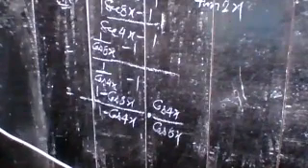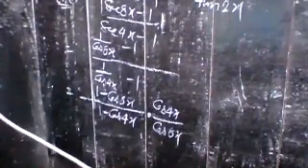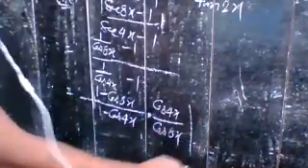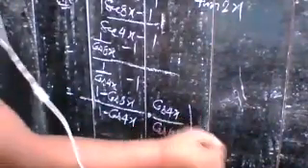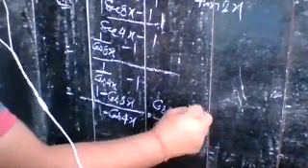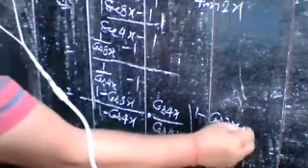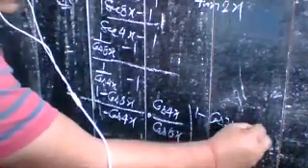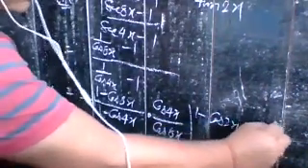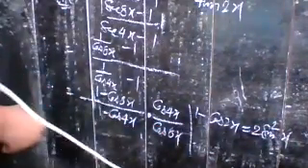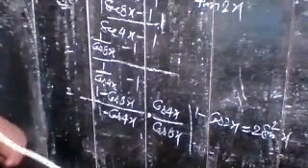Now applying the identity. Yesterday, in the previous class, you noted that identity: 1 minus cos 2x can be written as 2 sine square x. Understand? So you use this identity.